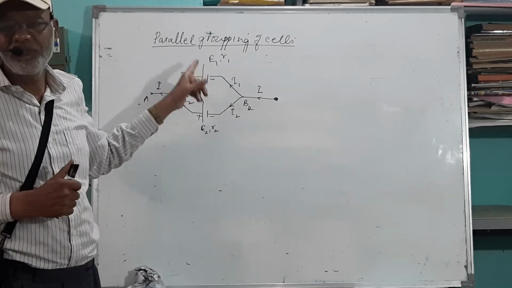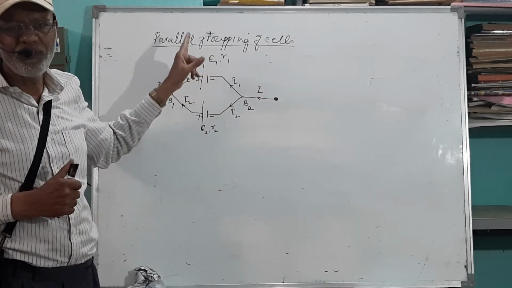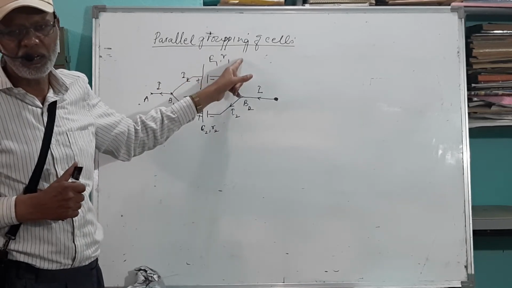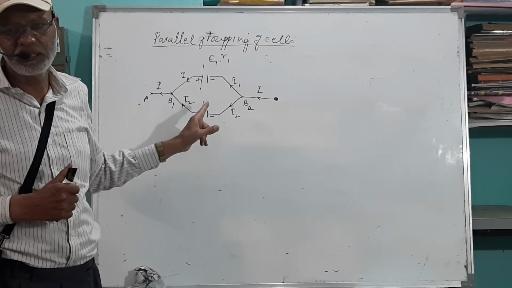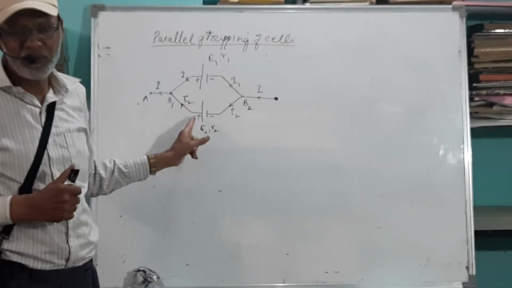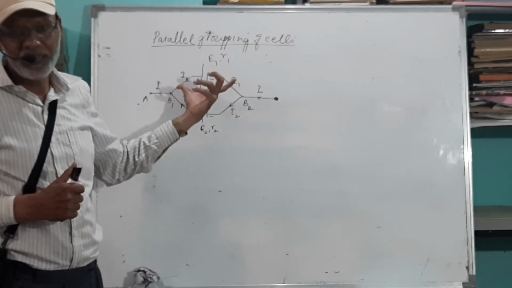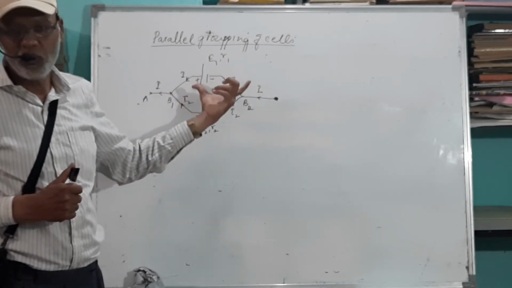So in this case we consider two cells. This is the first cell whose EMF is E1 and internal resistance is R1. The second cell has internal resistance R2 and EMF E2. These two cells are connected between B1 and B2, between two given points.